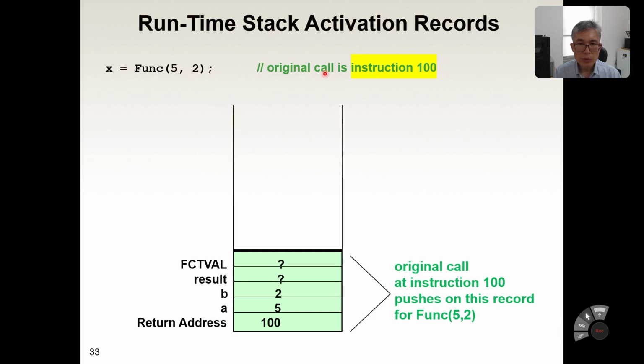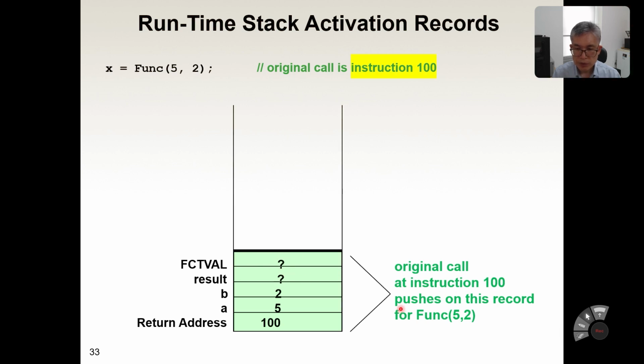So the original function call, this location in machine code, the instruction is 100. If we call here, the return address, this is the return position, right? 100 is the return address, and 5 is A, 2 is B. The result is unknown, and the function return value is also unknown.